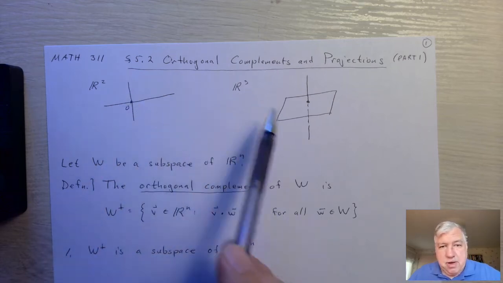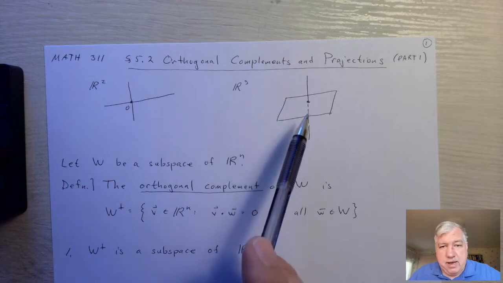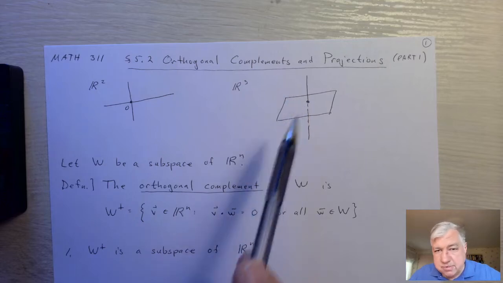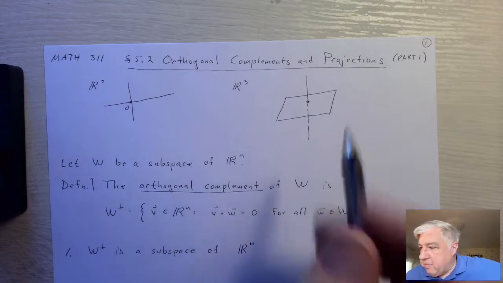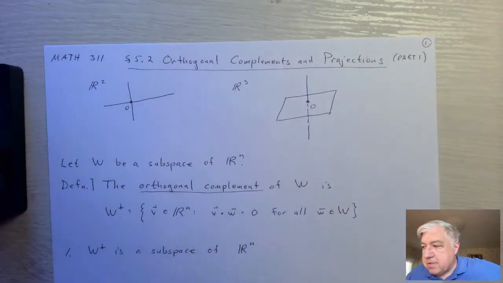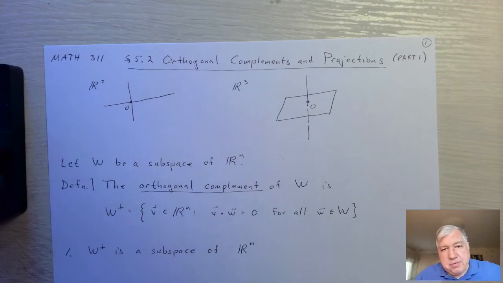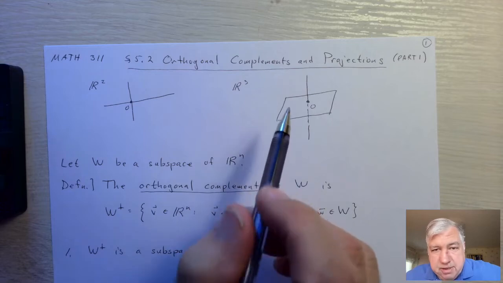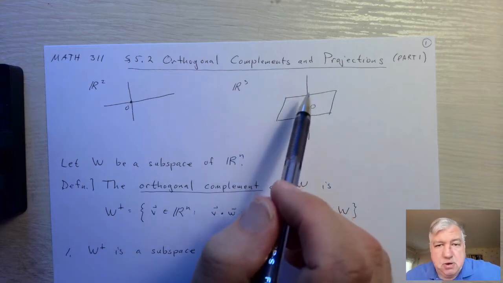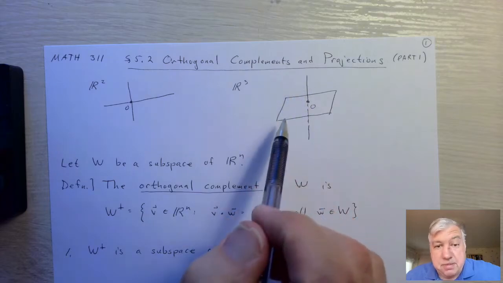Similarly, in R3 we have a plane and a line which are orthogonal to each other. That is, the line hits the plane at a 90-degree angle. We're assuming that both these subspaces go through the origin, and we'll also see that every vector in the plane is going to be orthogonal to any vector that's embedded in this line.